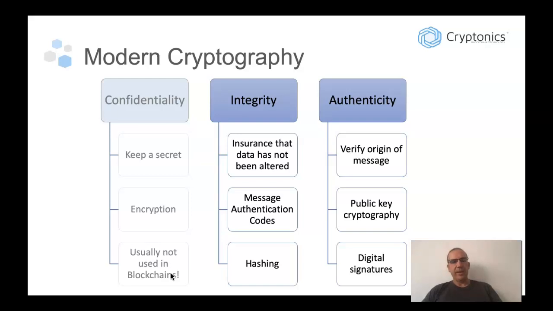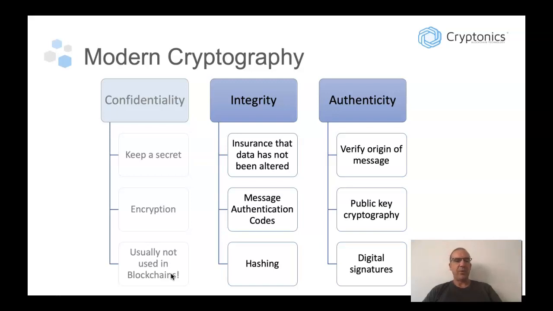But when it comes to modern cryptography, which is the cryptography we use these days in computer science, we obviously operate on numbers because computers always work with numbers. But that's not the main difference. The main difference is really the purpose of the cryptography. There are three main goals that modern cryptography has: confidentiality, integrity, and authenticity. Confidentiality is really carried over from classic cryptography, and the main idea is to keep a secret.